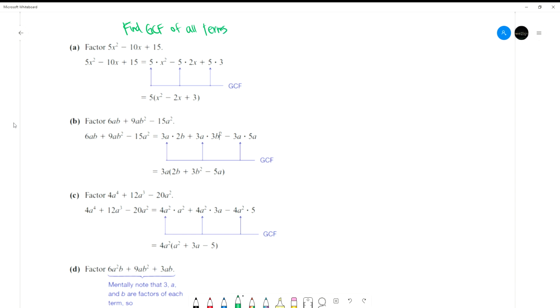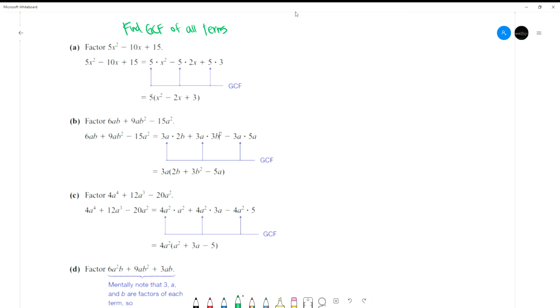You notice how this 15 does not have an x? Therefore, x is not part of the GCF, right? So what divides into 5, negative 10, and 15? 5. Very good.